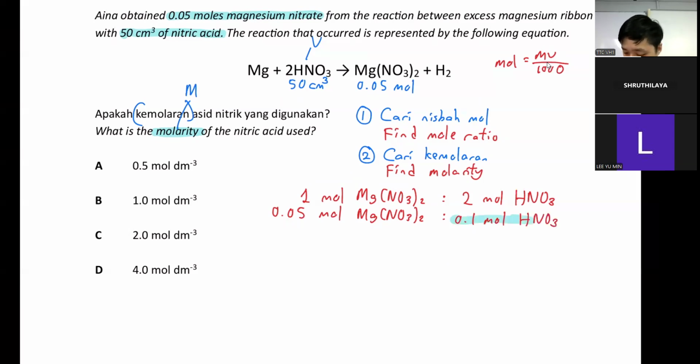So you have to use this information first, first step. And then only second step.